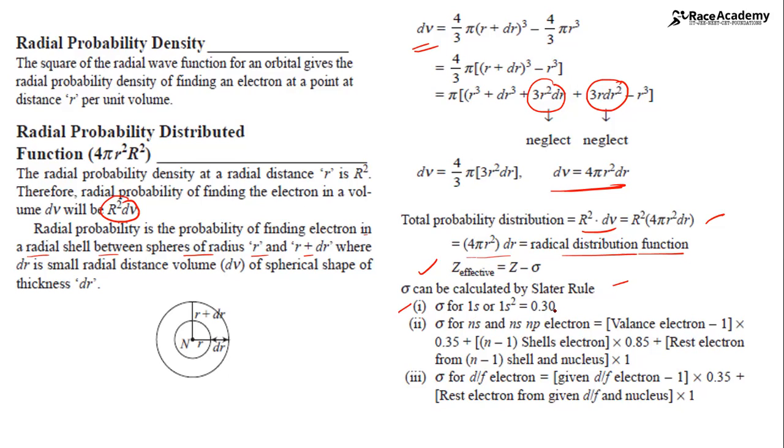For 1s we take 0.3, and for other orbitals, ns and np, the general electron orbitals, we have to follow this rule: valence electrons minus 1 into 0.35, plus n minus 1 shell electrons into 0.85, plus the rest of the electrons from the n minus 2 shell and nucleus into 1. This has to be expanded and you will come to know how the screening factor can be calculated. The d and f electrons are given differently, and we will see that in the next sessions.